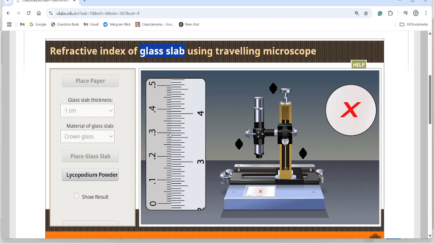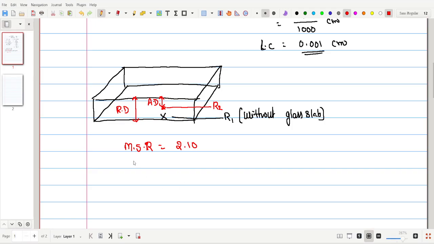I find 30, 31, 32, 33, 34 exactly. It makes a straight line with the main scale reading. That is called vernier coincidence. So the vernier coincidence in this case is equal to 34.